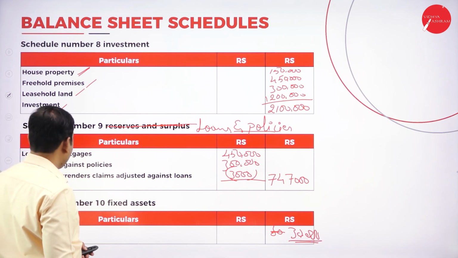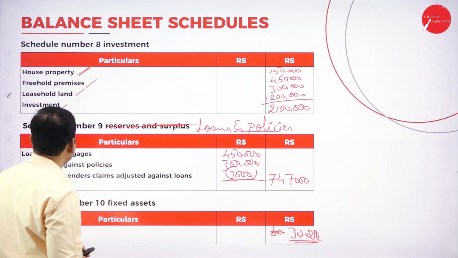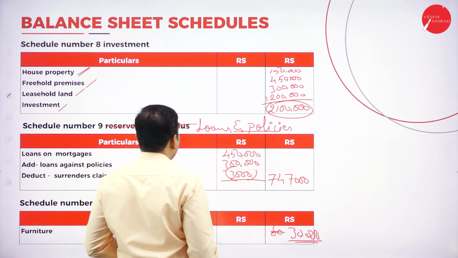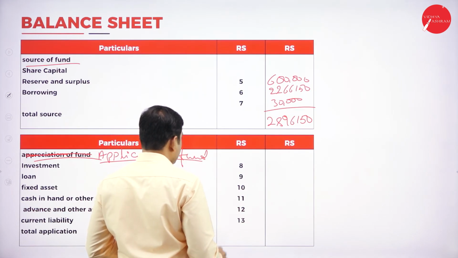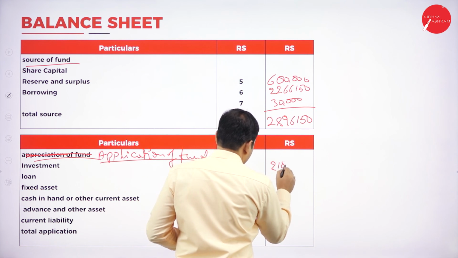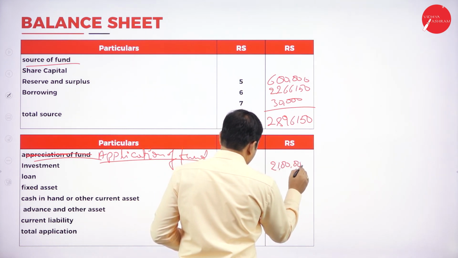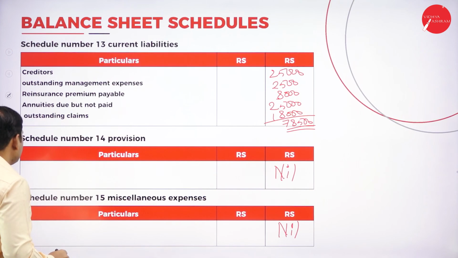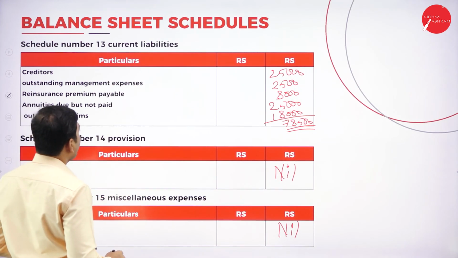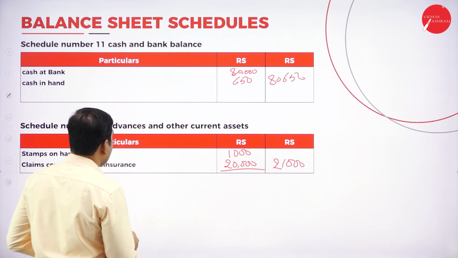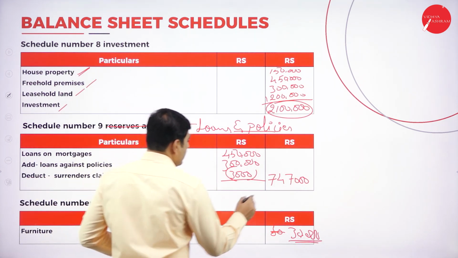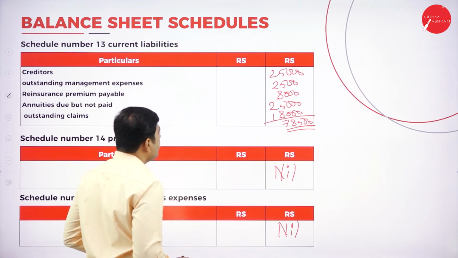Look at the total amount of schedule number 8. Schedule number 8 is 21 lakh. So investment is 21 lakh. Next one, loans. What is the total loans? Let's look at the loans and advances. The total amount is 7 lakh 47,000.